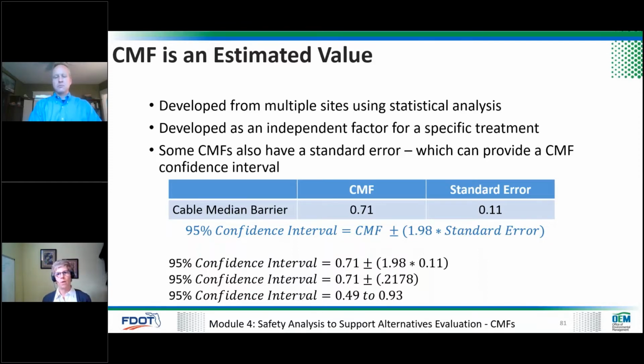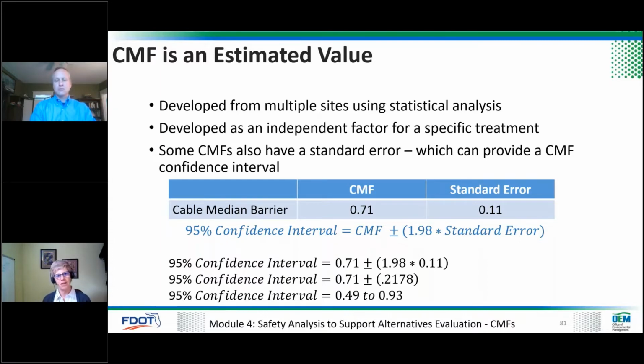So, while it's great that we can grab them from the clearinghouse or the Highway Safety Manual, it's important to remember they're developed from before-after safety effectiveness evaluations. The number we're using is the average. There's going to be a range to that for many, and it's developed as an independent factor for a specific treatment.